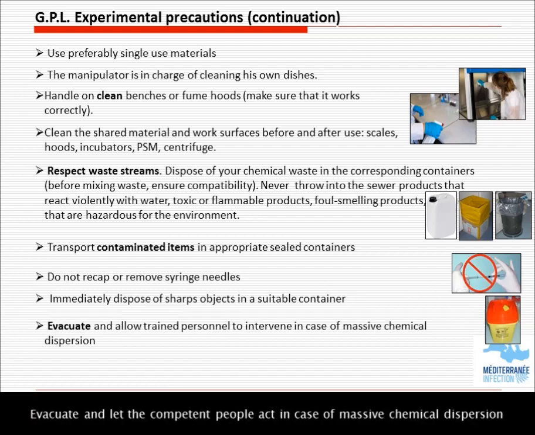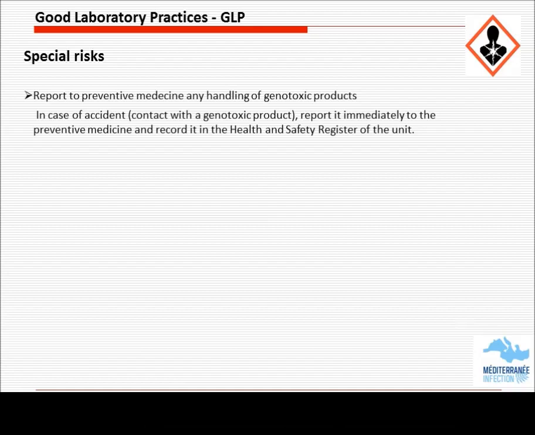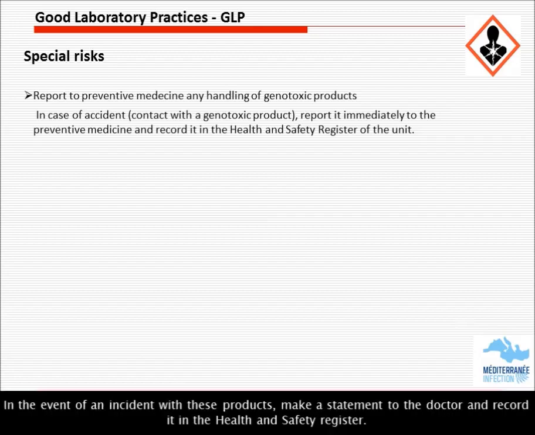Evacuate and let the competent people act in case of massive chemical dispersion. Let's take a look at the risks associated with the use of hazardous products. If you work with genotoxic products, you must indicate it to the occupational doctor during your visit. In the event of an incident with these products, make a statement to the doctor and record it in the Health and Safety Register.